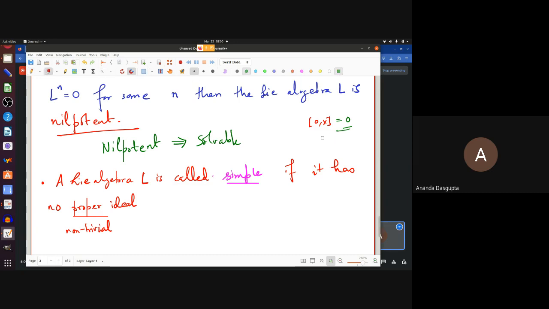So this has to be true for all algebras, not just Lie algebras, because this does not rely on the property of the Lie bracket. It just depends on the basic property of any product.